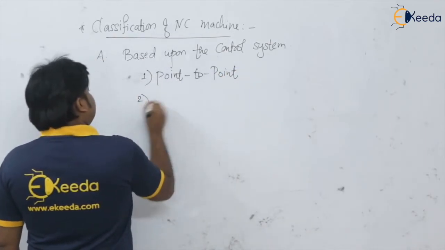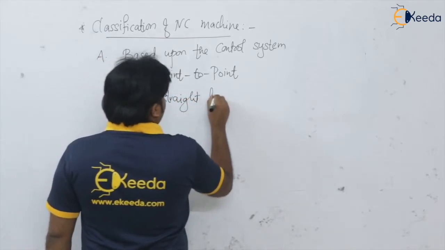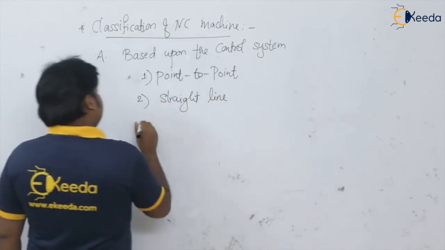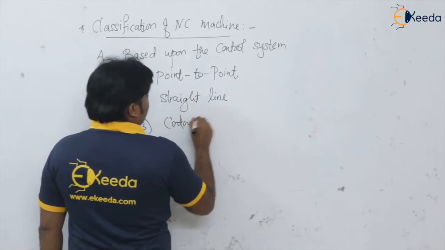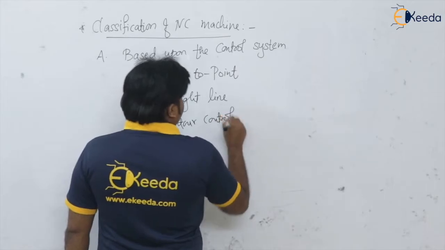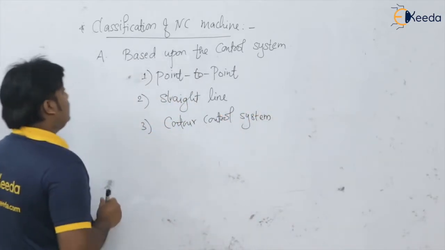Then we have straight line control system. Then third, we have contour control system, isn't it?